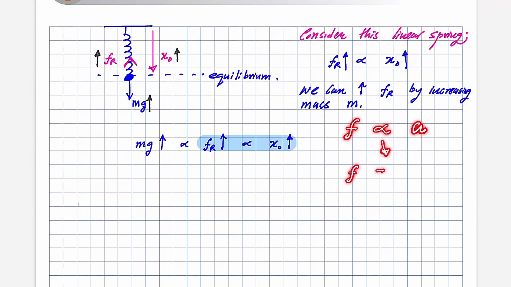You can introduce the equal sign with a constant k here and put A. So this k is called the proportionality constant. This is the math part. That's how you make a proportionality into an equality, by introducing a proportionality constant.